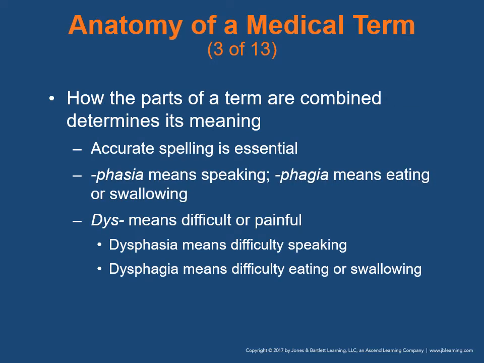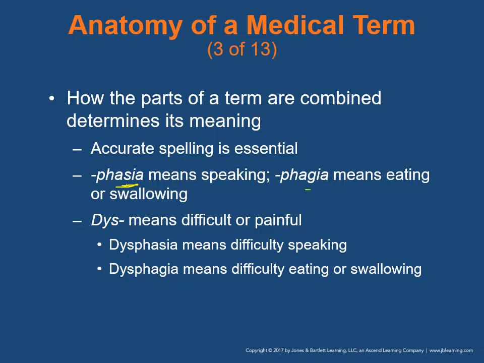How the parts of a term are combined determines its meaning. Accurate spelling is essential in medical terminology. Here's an example. The suffix phasia with an S means speaking.